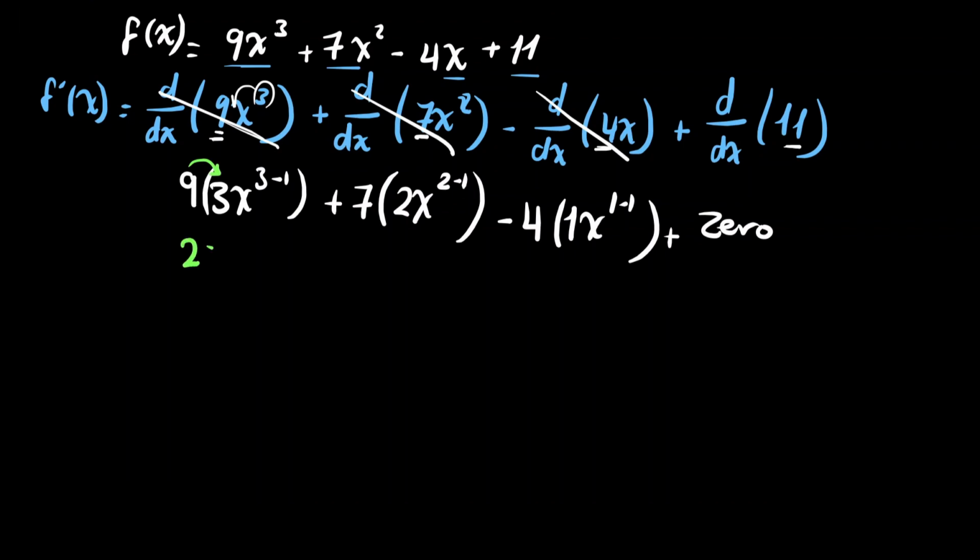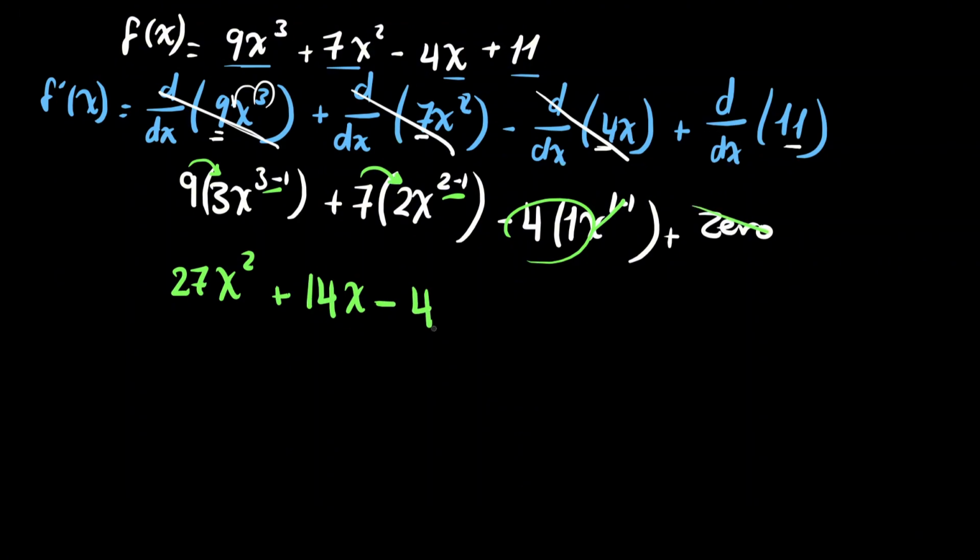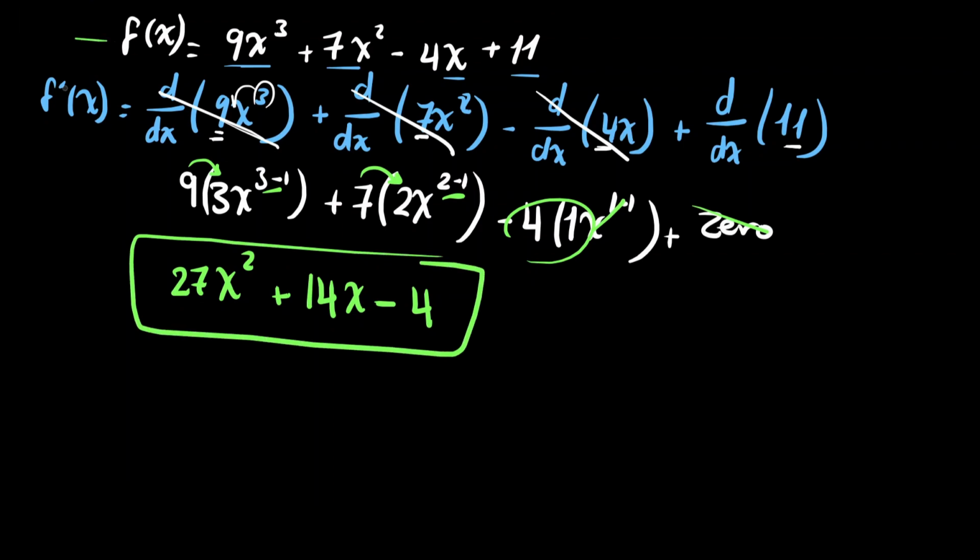It's going to be 27x to the power of 2, plus multiply 7 by 2. It's going to be 14x to the power of 1. And you know that x to the power of 0 is 1. So negative 4 multiplied by 1 is negative 4. And the 0.